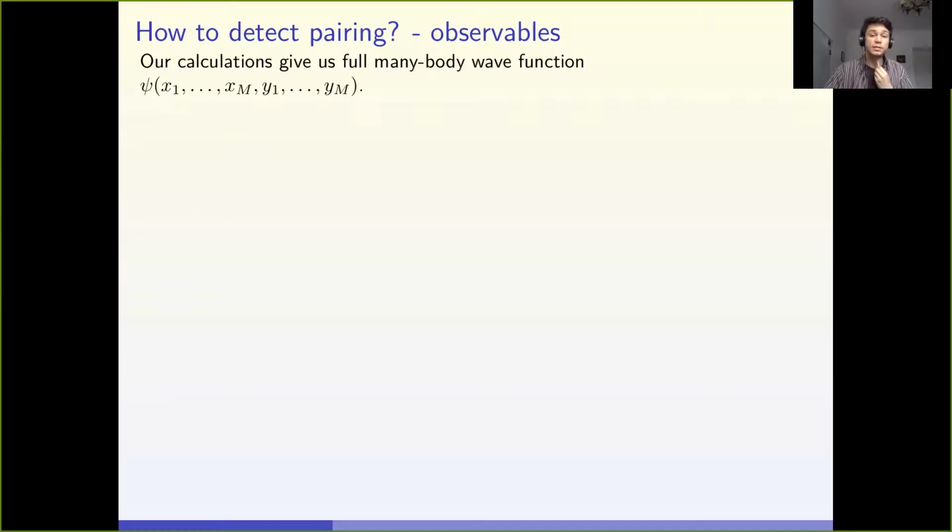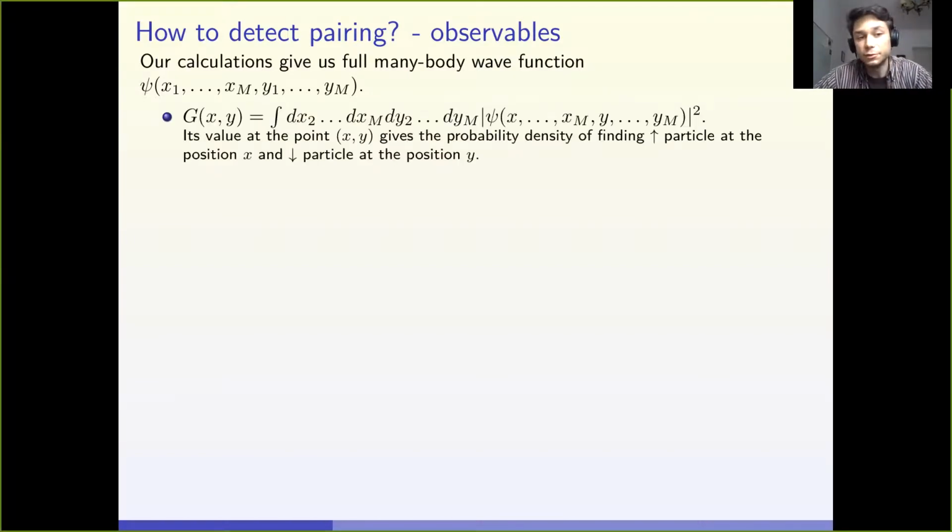So our calculations give us the full many-body wave function. But of course, if we want to study pairing, it is sufficient to restrict ourselves to two-body correlations. And because of that, we consider the density correlation function. So in order to get this density correlation function, you take the modulus squared of the wave function, and you integrate out all the degrees of freedom except the coordinate of one spin-up particle and the coordinate of one spin-down particle.